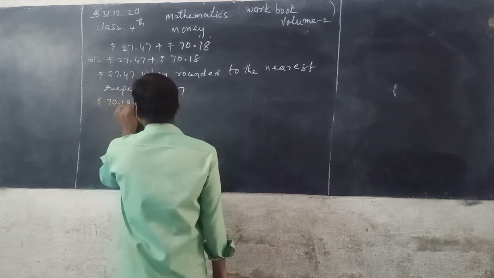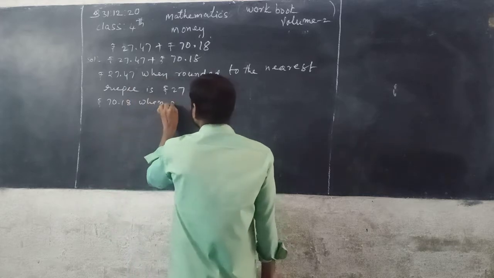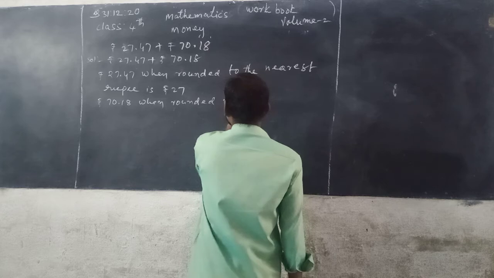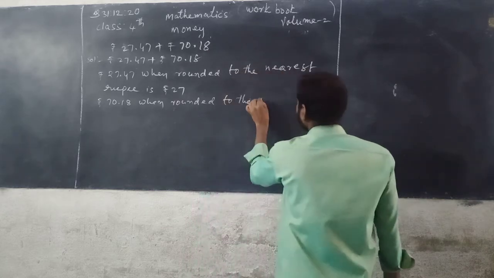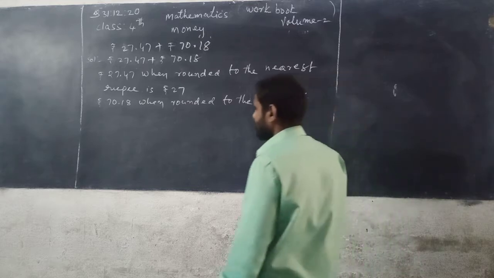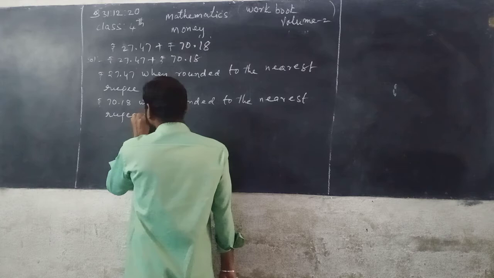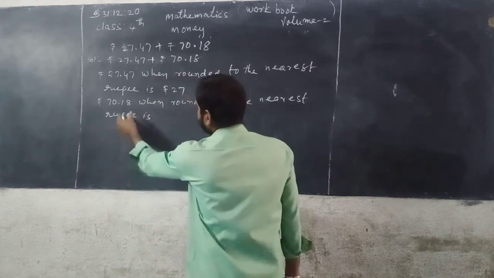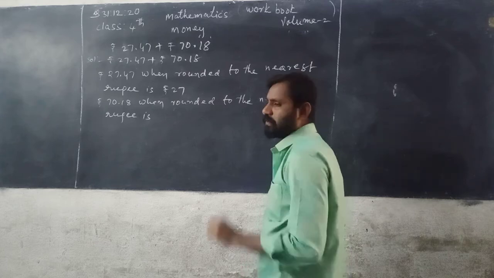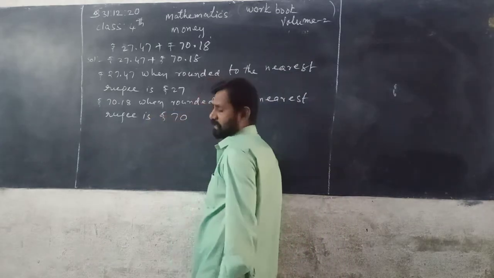70 rupees 18 paise when rounded to the nearest rupee. See here, 18 paise is less than 50 paise. So 18 paise is nearer to 0 rupee. Then you can write 70 rupees.